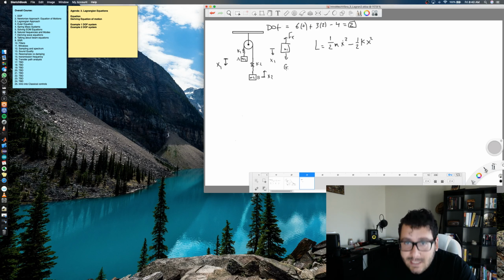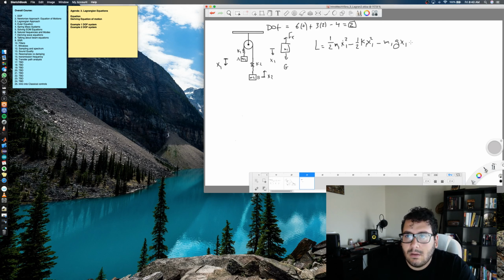And then I have potential energy in this situation, so it's going to be minus m1 g x1. Okay, so this is my equation here.